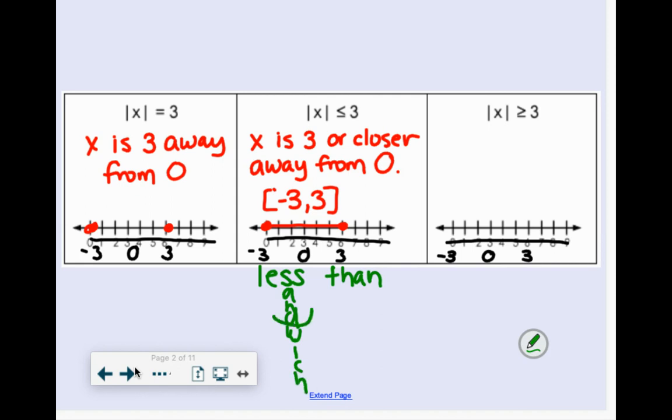Okay, and I'm saying that because and is what we want in between these. So we could write this as x is greater than or equal to -3 and x is less than or equal to 3. I should have said equals to on the other one too.